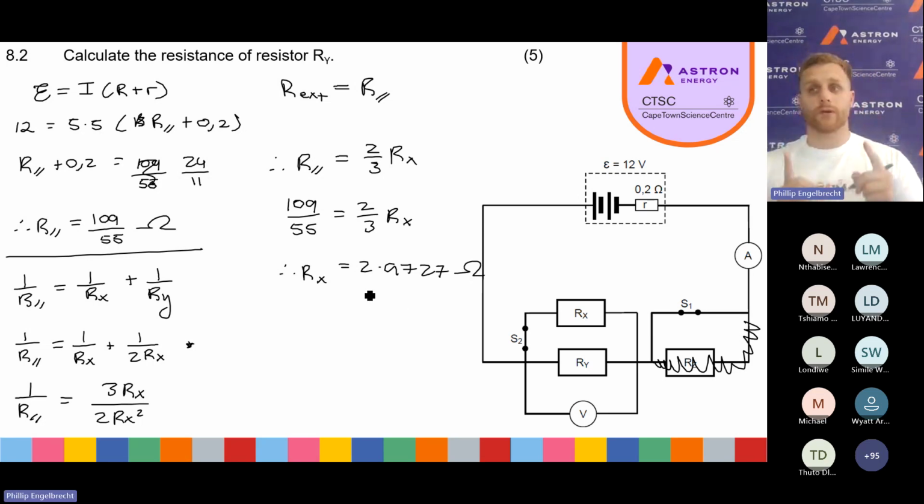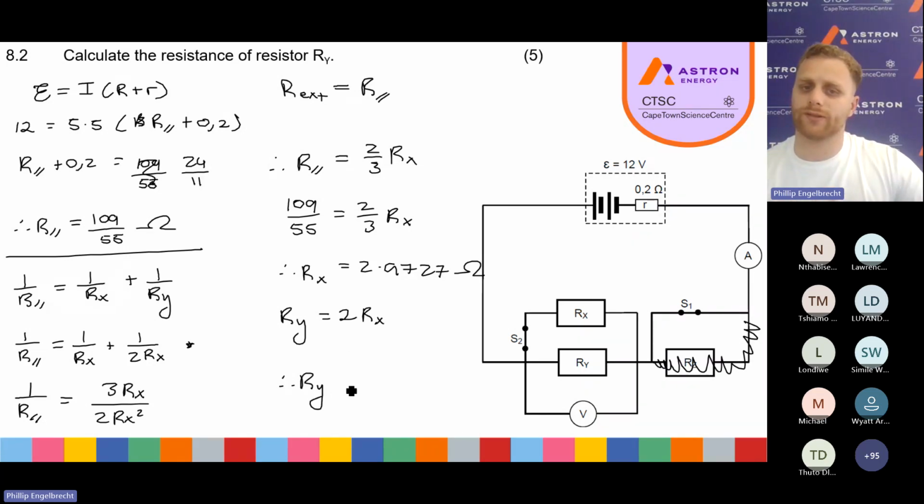Now remember, the value of resistor Y was 2 times the value of resistor X. So that becomes 2 times your answer. So the value of my resistor Y becomes 5.95 ohms. And there we go.